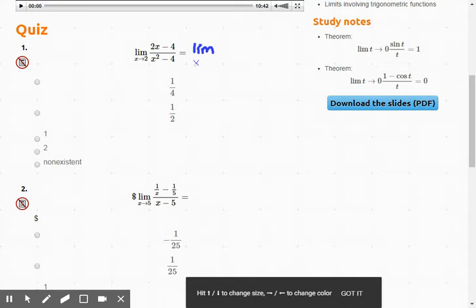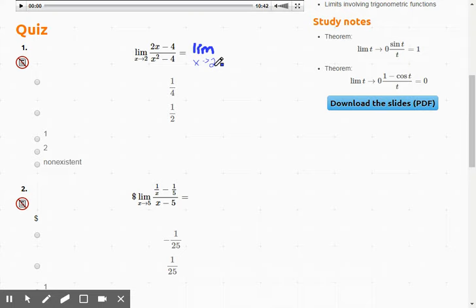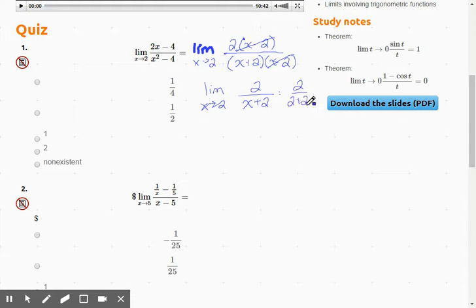The limit as x approaches 2, factor out a 2 from the top, factor out the difference of perfect squares on the bottom. So those cancel, so we've got the limit as x approaches 2 of 2 over x plus 2. Now we can plug in 2, and so that's 2 over 4, which is, of course, 1/2.